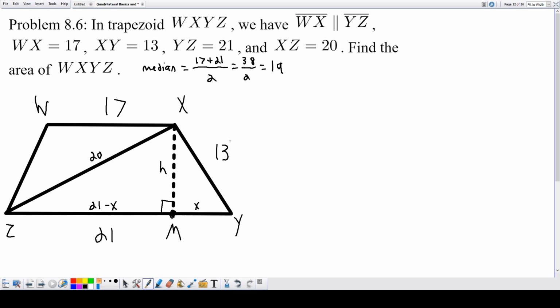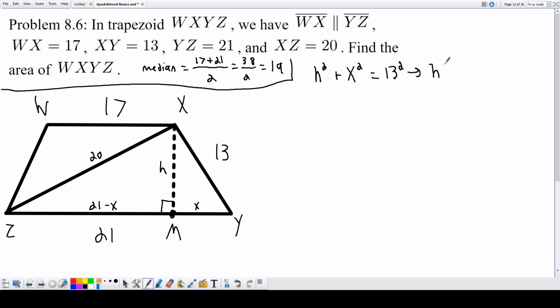Now I can set up some equations with the Pythagorean theorem because I have the sides of a right triangle. So one of the first things I can set up is that h squared plus x squared is equal to 13 squared. And that gets us h squared plus x squared is equal to 169. Well, that's our first formula.